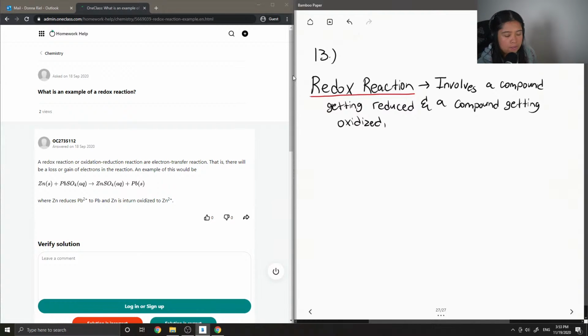And this happens because of the transfer of electrons. So I'll say this occurs through electron transfer.